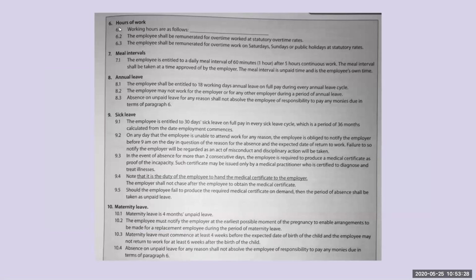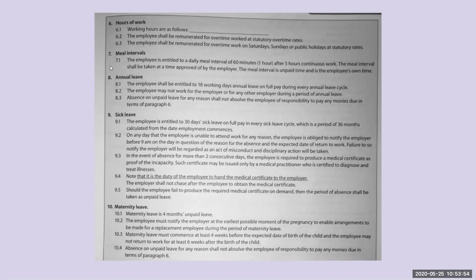So usually, guys, statutory overtime rates will be your hourly rate that you're usually paid if it is during the week. And for 6.3, this is now for work on Sundays, Saturdays, and public holidays. Usually in the industry, what is normal is to be paid 1.5 times your normal rate if you're working on public holidays or over weekends.